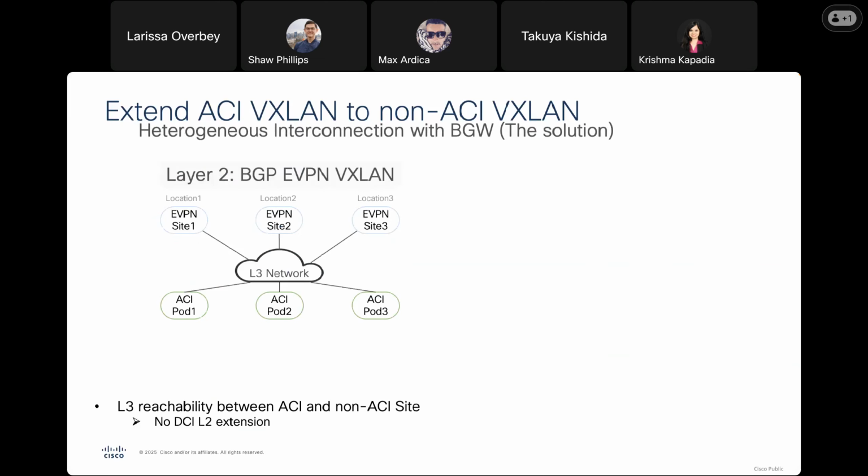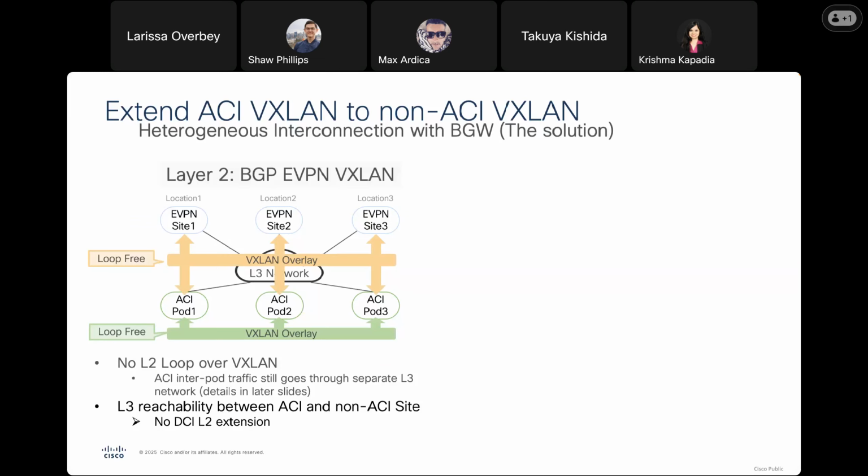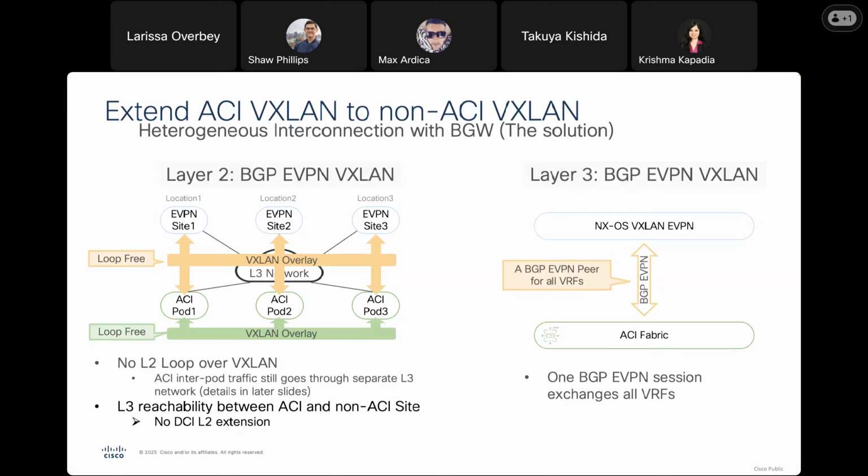So with the introduction of the ACI border gateway, with that border gateway functionality, we can address these issues. For the layer 2, we have the general IP connectivity between the fabrics, which removes the need for that L2 DCI extension. We would then extend that VXLAN overlay.